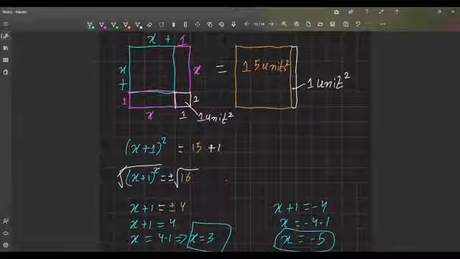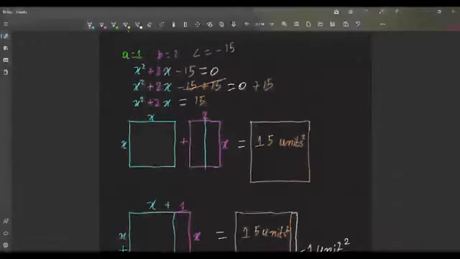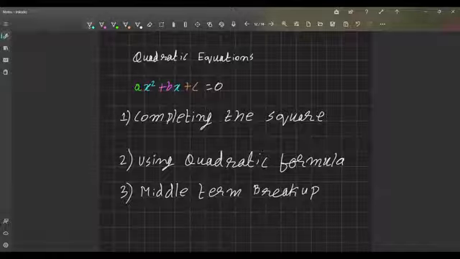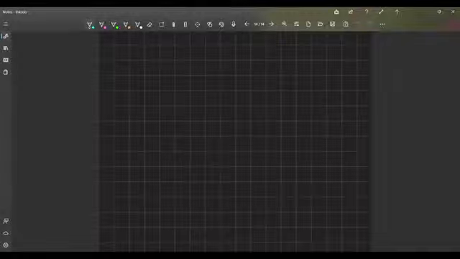Now in this video I'll be discussing how we can get to that completed square form, using the general form of the quadratic equation and manipulating it in such a way that we get to the completed square form of the quadratic equation.